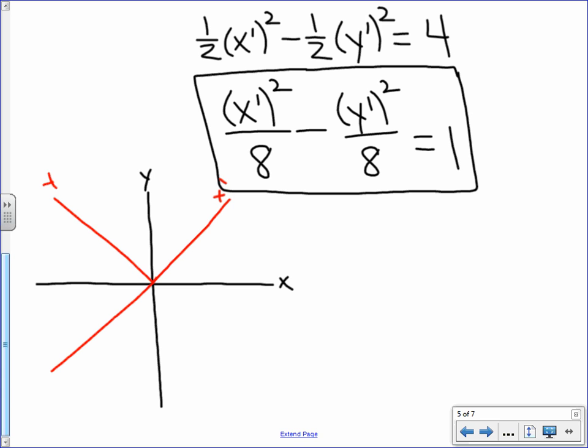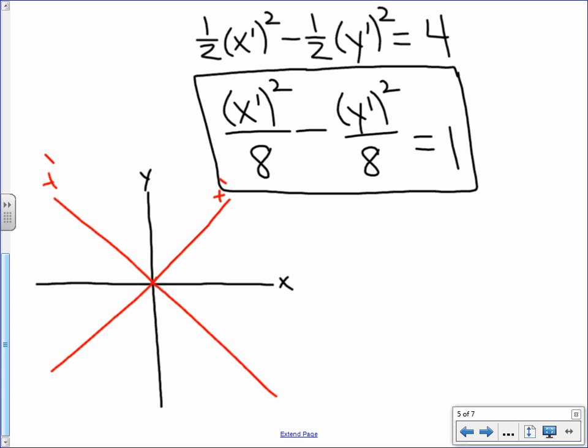And this will be our y prime axis. So now, if it helps you, I can't physically do this, but if you want to turn your paper so that the x prime and y prime are up, down, straight across, it may help as you graph this. But essentially, we're going to graph everything just on the x prime, y prime axis.